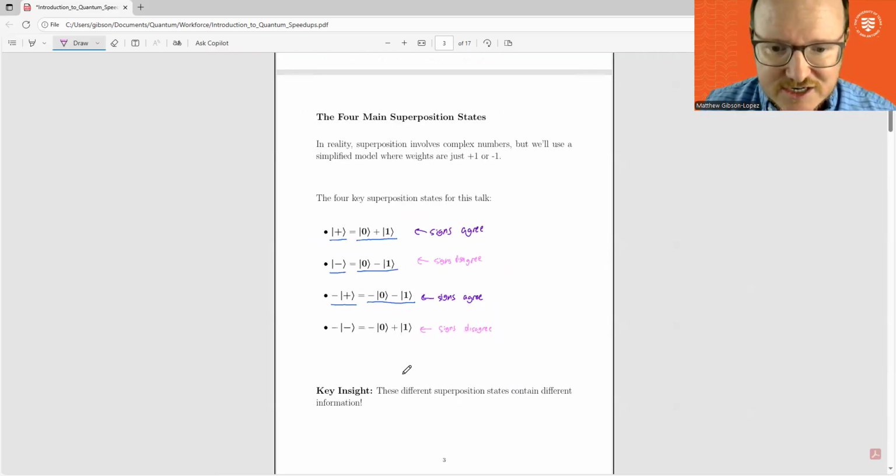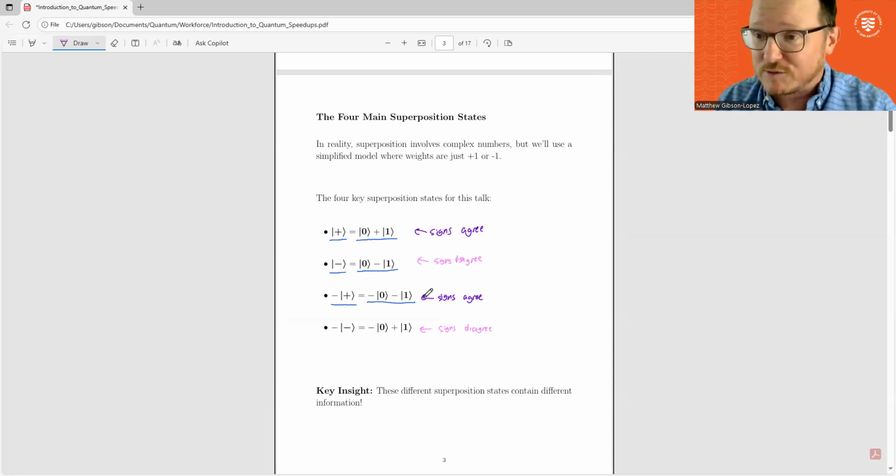The key insight here is that the signs on the superposition can contain information. We're actually going to be using the signs on the different states in the superposition to do some computation, and the signs are going to reveal the information for us.